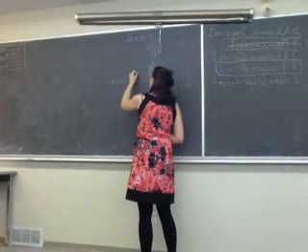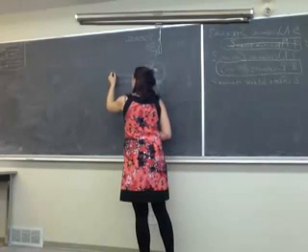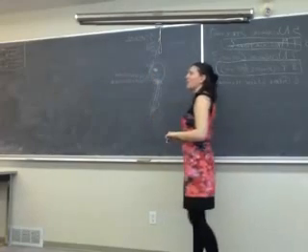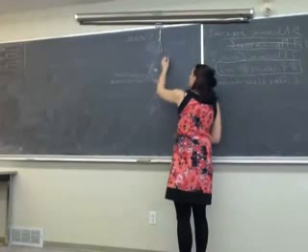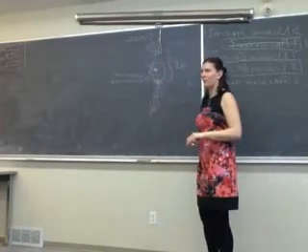So the trigger zone on the axon hillock itself. Now that negative 55 is going to say, okay, now I can create an action potential. So this all here is graded potential.